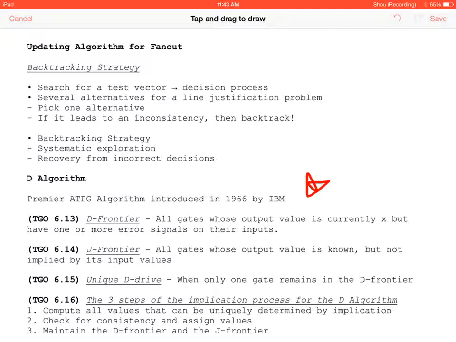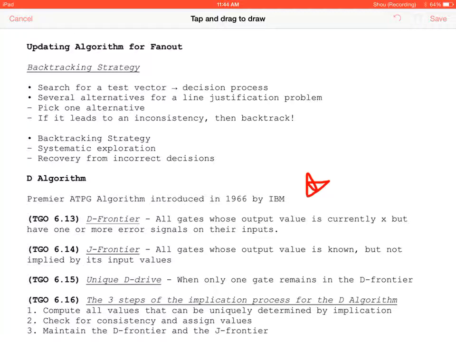The general idea is you separate all the nodes and gates into these concepts of D frontier and J frontier, where you're trying to figure out which ones have values on the input that can't propagate to an output, or which ones have a known output but are not completely implied by all of their inputs. So we're going to define D frontier formally as all gates whose output value is currently X, meaning we have an undefined value, but have one or more error signals on their input.